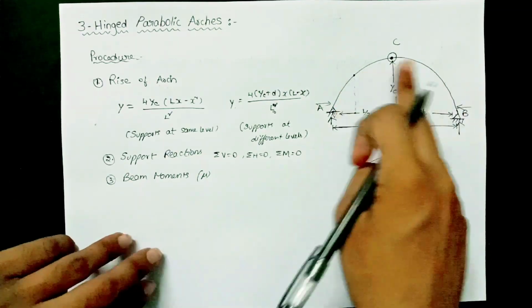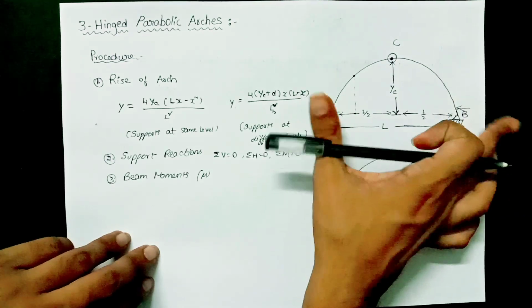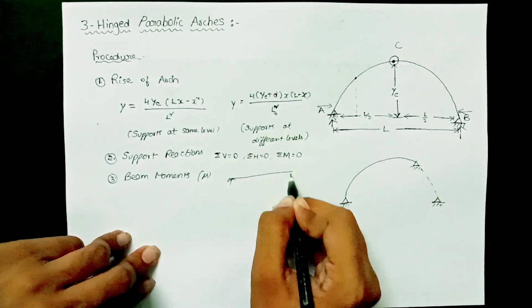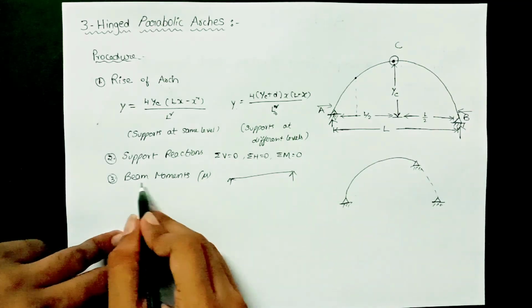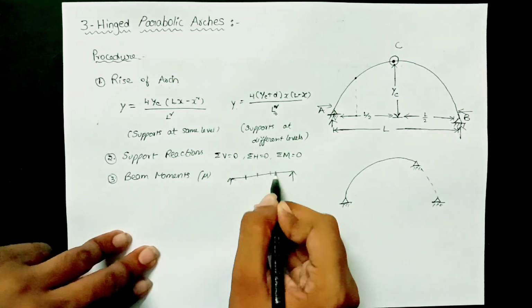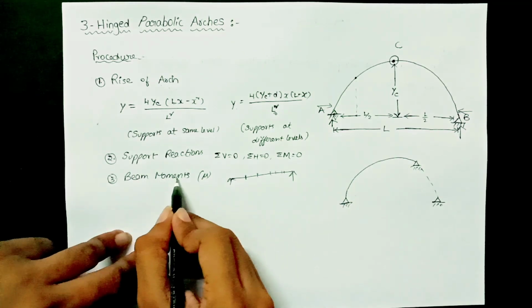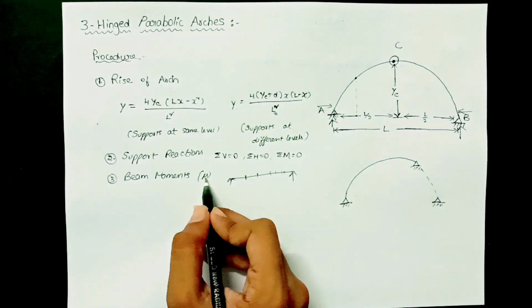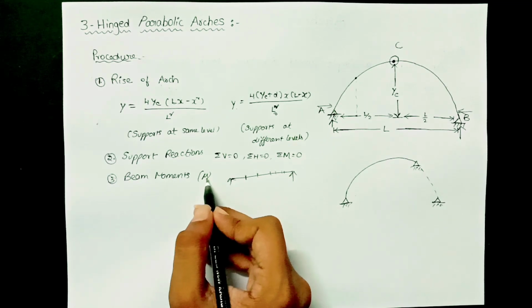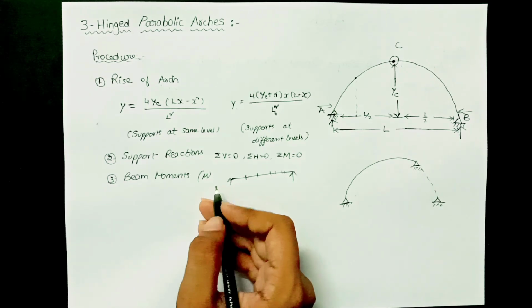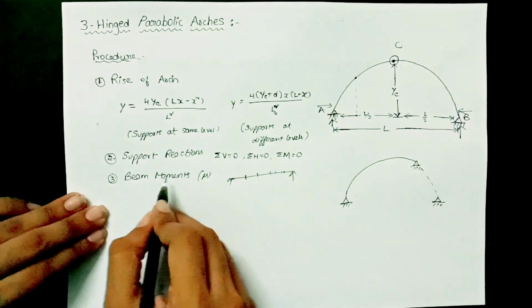If you take this arch and stretch the supports, you get a simply supported beam in this fashion. Now you can calculate the beam moments at any point on the beam. You know how to calculate moments for a simply supported beam: it is the product of force and perpendicular distance from the point to the considered point where the moment is to be calculated. That is about the beam moments.